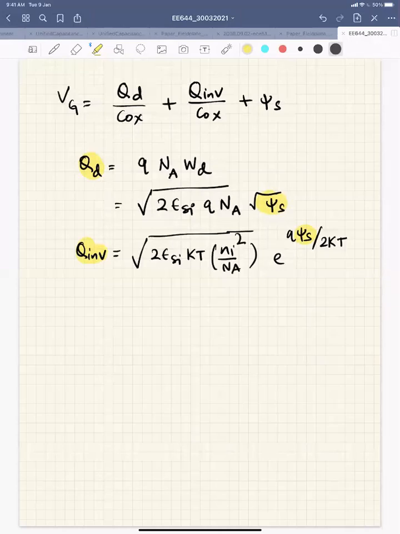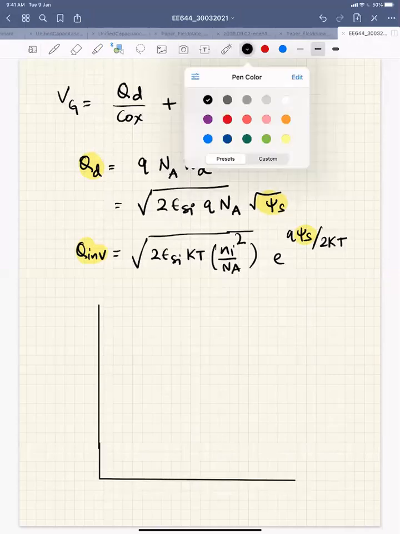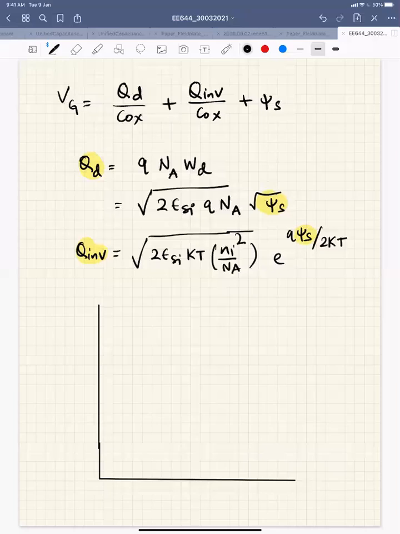We have also looked at how the total charge in the silicon varies with psi s, and we had plotted that also. Let me quickly plot this one, because we have already done it. The depletion charge will go like this, and your inversion charge will go exponentially.